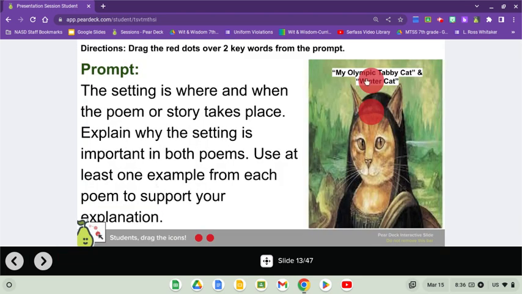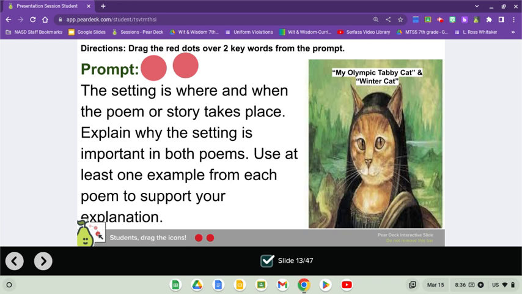All right, y'all. So we now have on slide 13 our prompt that we'll be addressing in essay form. And the prompt is asking this. The setting is where and when the poem or story takes place. Explain why the setting is important in both poems. Use at least one example from each poem to support your explanation.